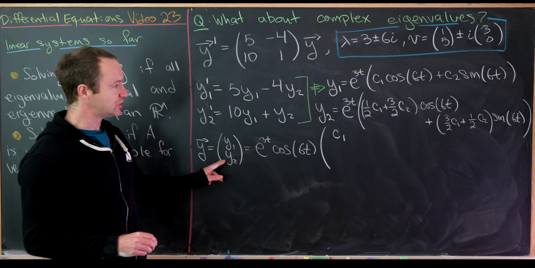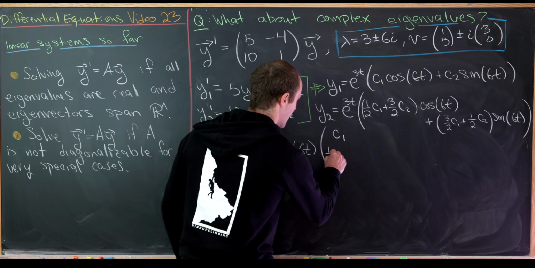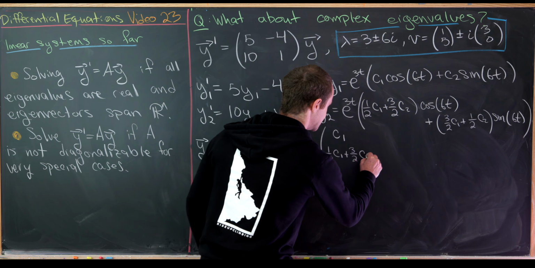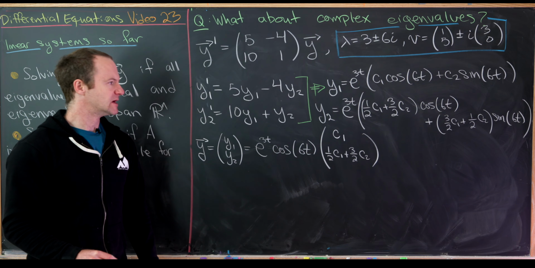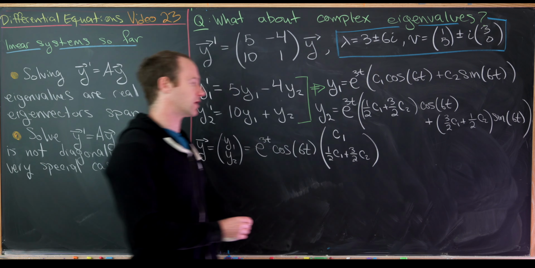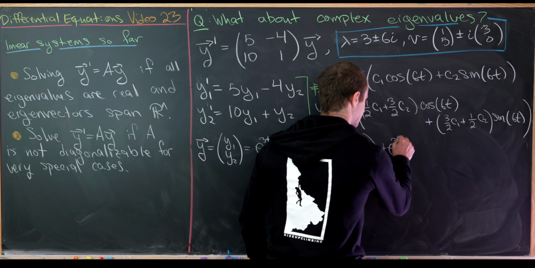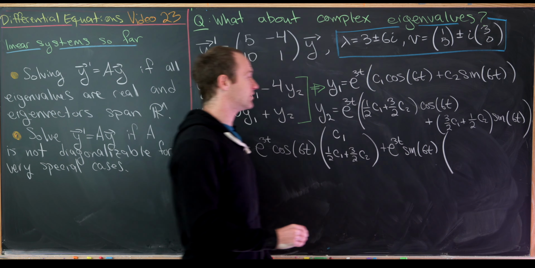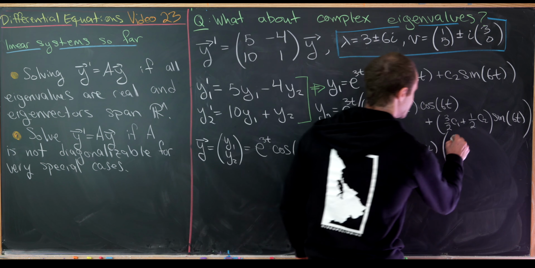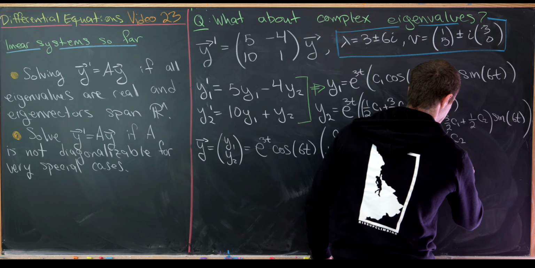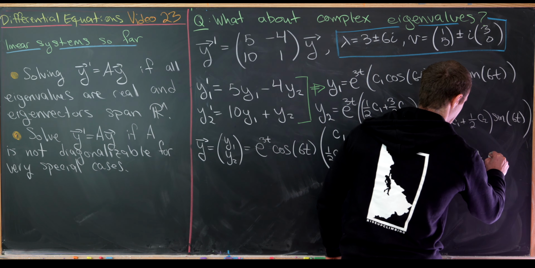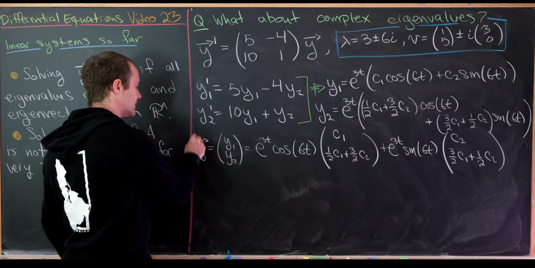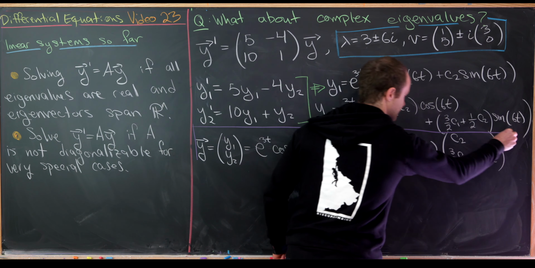And for y2, our coefficient is 1/2 c1 plus 3/2 c2. Now we'll do the same thing for the sine part. So we'll have plus e to the 3t sine 6t, and that will be in the direction of c2 and then 3/2 c1 plus 1/2 c2. So this would be the solution in vector form.